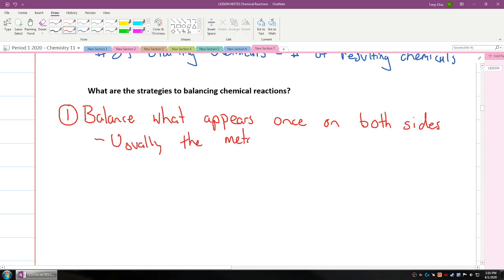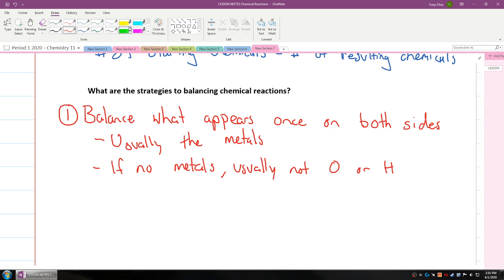Now, if there are no metals, they're usually not oxygen or hydrogen, because we usually want to balance these two last. Usually you want to balance them last, because they're going to appear usually more than once.